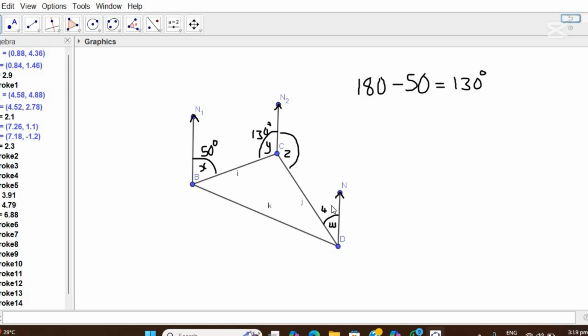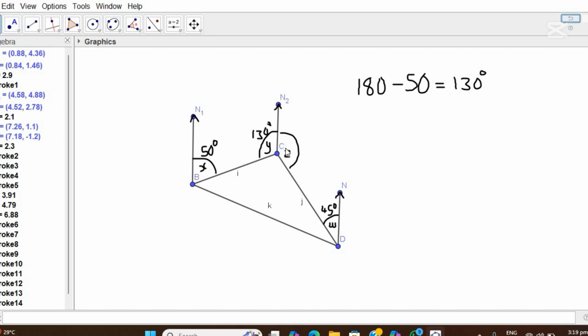Would you be able to find the size of angle Z? Can you apply the co-interior property rule to find the size of angle Z? Check it out and let me know in the comment section. So that's one property of angles that you must know when you're doing bearings angles.